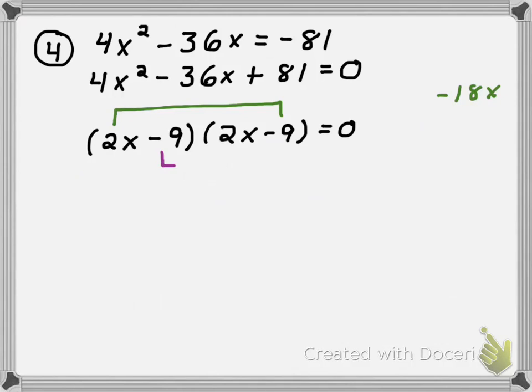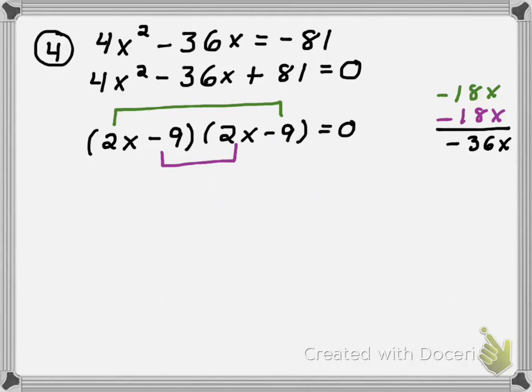If we take the middle two terms and we multiply them together, we also get negative 18x, which together gives us a negative 36x, which is what we have in the middle. So that's just one of those patterns that you will learn to recognize. So if we multiply those two factors together, it would in fact FOIL out to give us what we had originally started with.